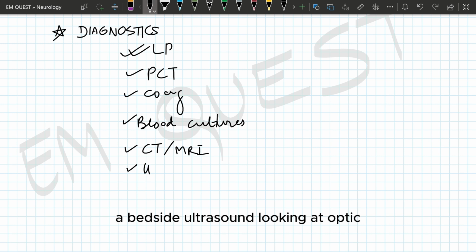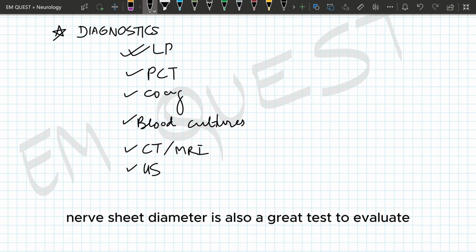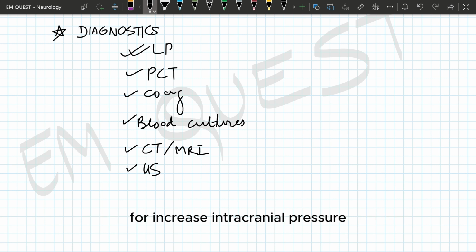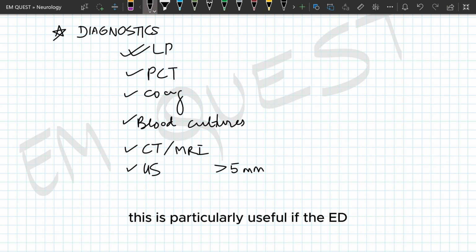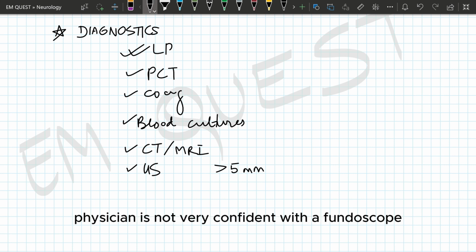A bedside ultrasound looking at optic nerve sheath diameter is also a great test to evaluate for increased intracranial pressure. A diameter more than 5 mm is diagnostic for an increased intracranial pressure. This is particularly useful if the ED physician is not very confident with a fundoscope.